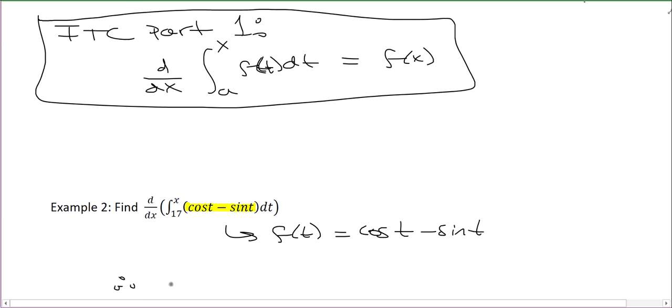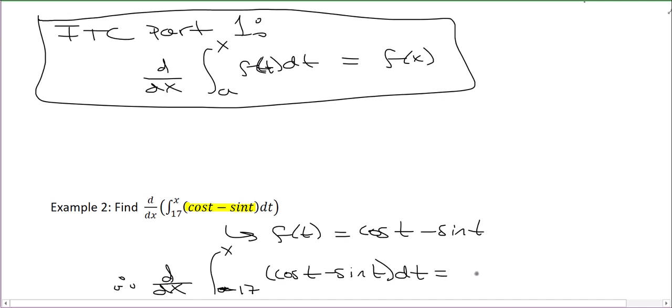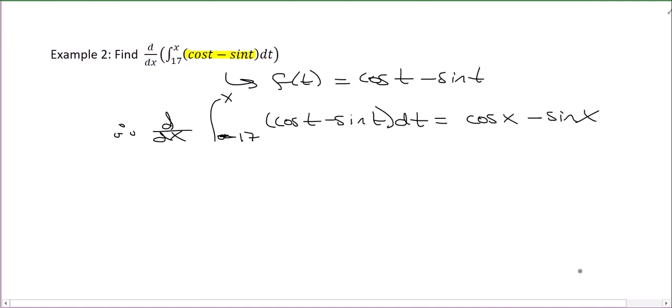Therefore, the derivative of this integral from 17 to x of cosine t minus sine t dt is going to be just cosine x minus sine x.